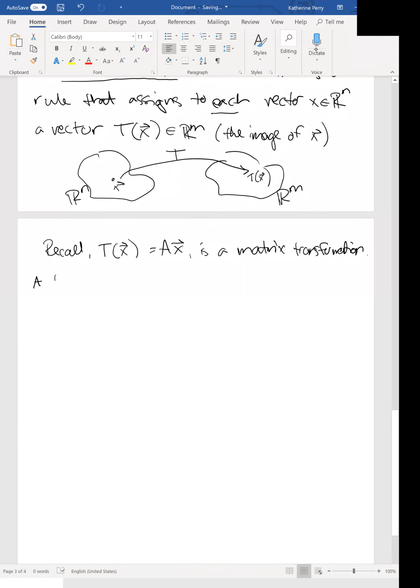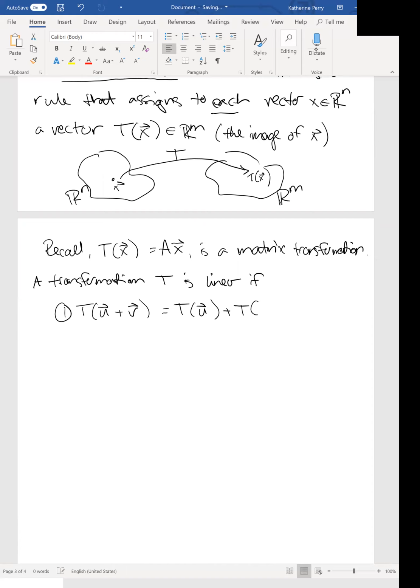Okay, so a transformation T is linear if the following two things are true. So first, if I have a transformation of a vector u plus a vector v, that's equal to the transformation of u plus the transformation of v.